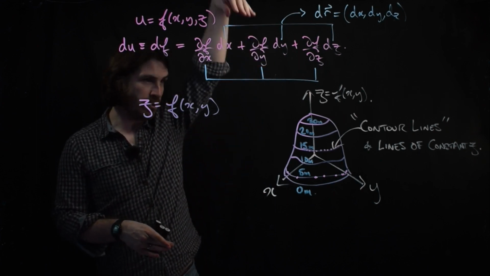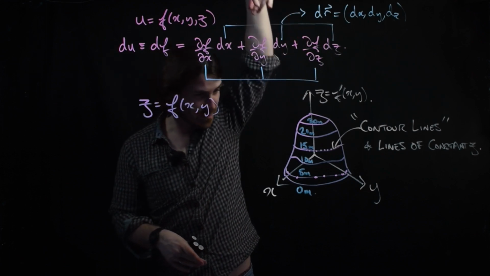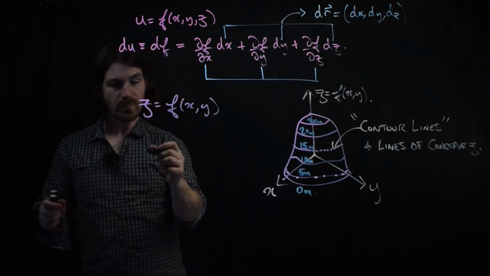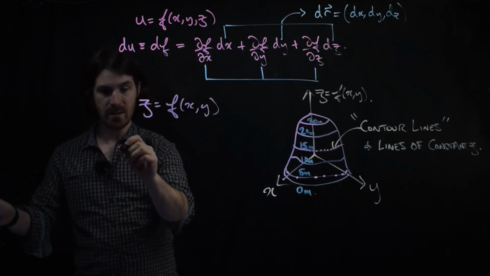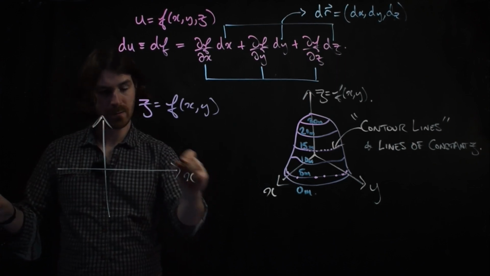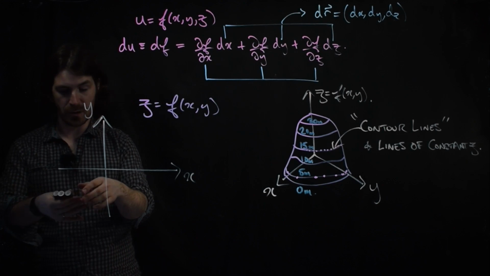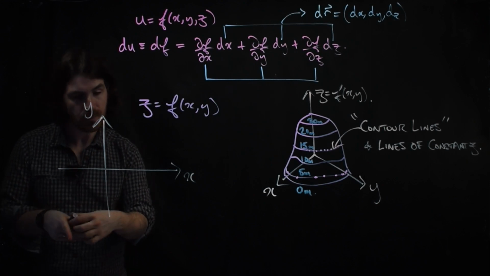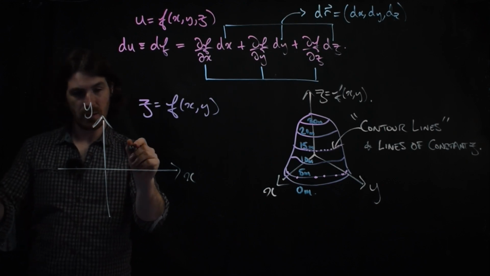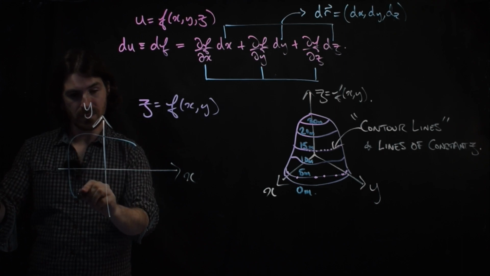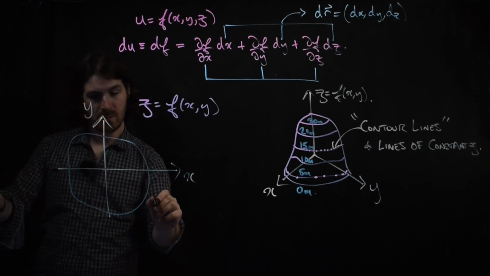So if we stand on top of the z-axis and look down, then what do we see? We see x and y. Then these contour lines are closed curves in this plane. So maybe our ground level is this one.